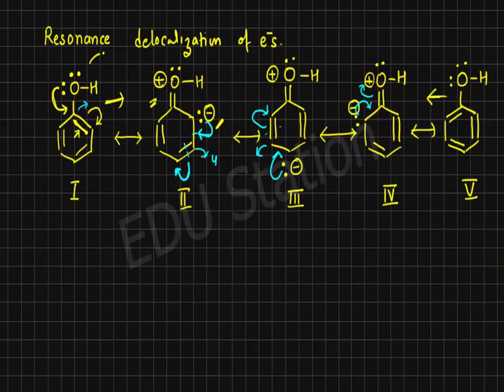Now, you come to think of it, imagine there is NO2 plus, the electrophile. Imagine you have NO2 plus and you give freedom to NO2 plus to attack on any of these 5 hydrogens of phenol.